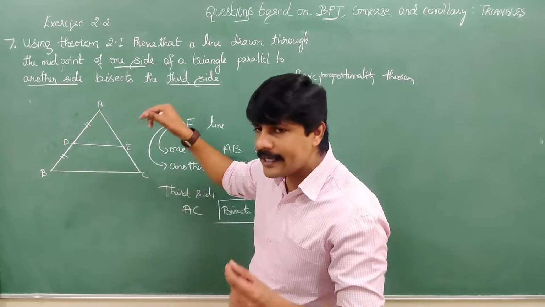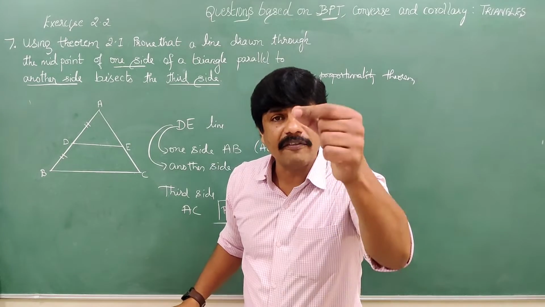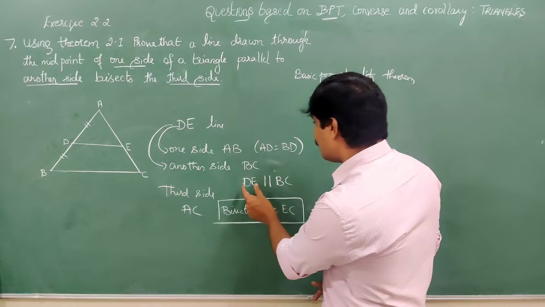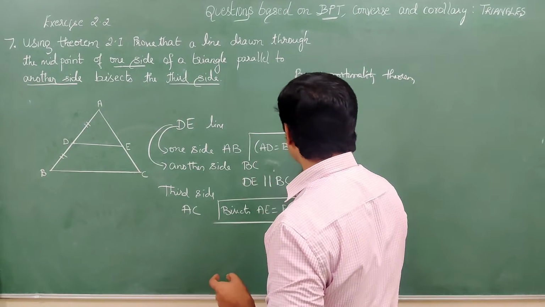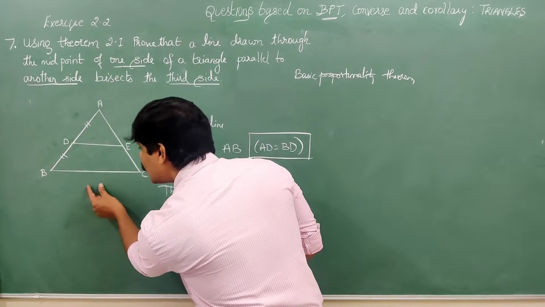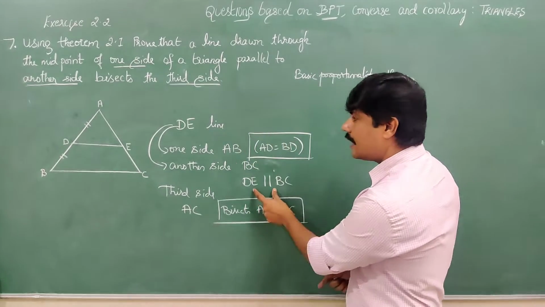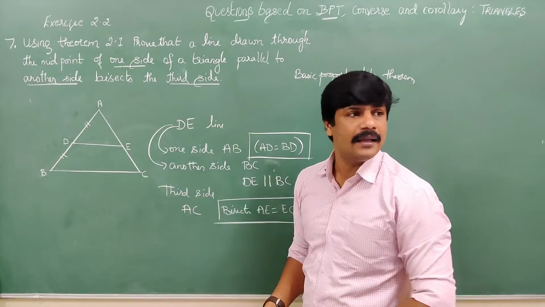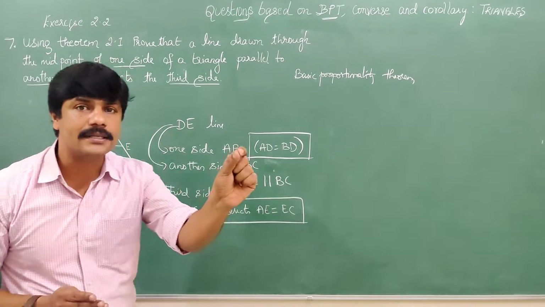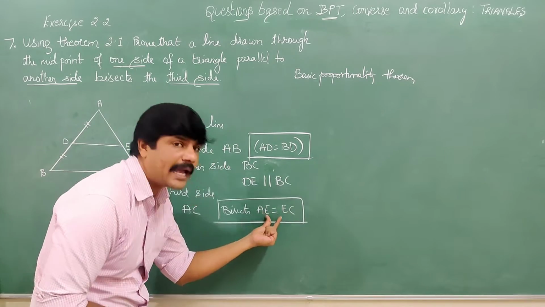First condition: AD is equal to BD. And the same line is parallel to another side, the second side, that is BC. And the same line bisects the third side, which means AE is equal to EC. This we have to prove.